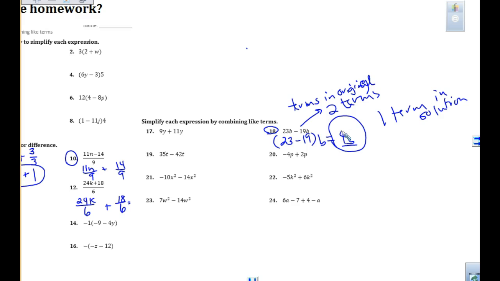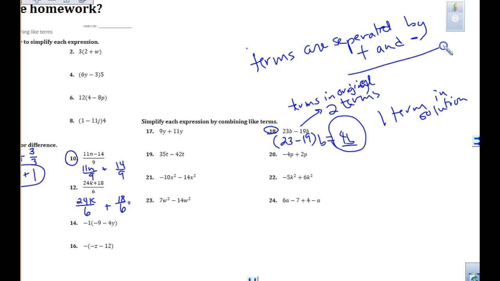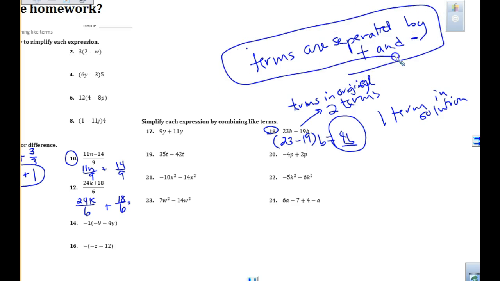You can have that open right now, the D1 notes, where we have the vocabulary word terms, and put terms are separated by addition and subtraction.